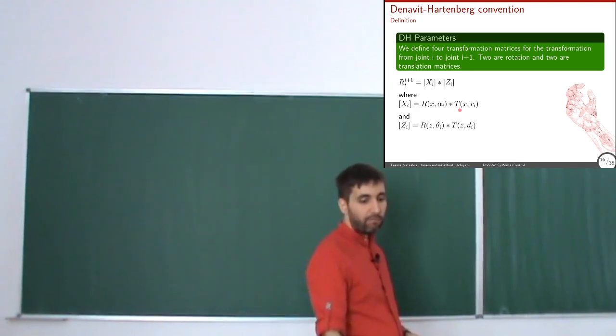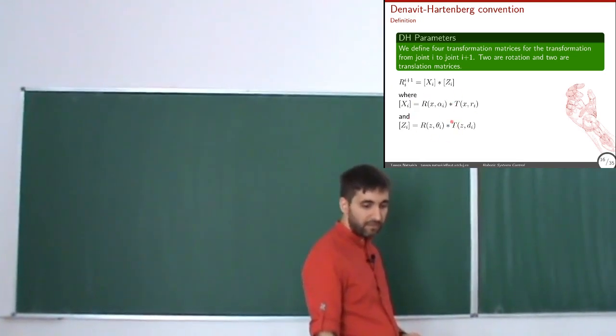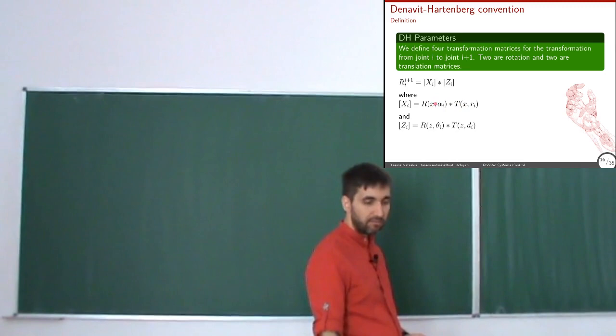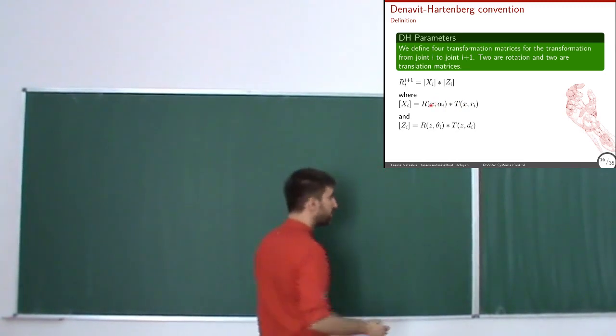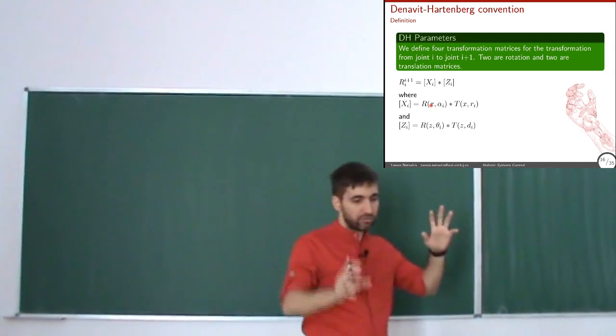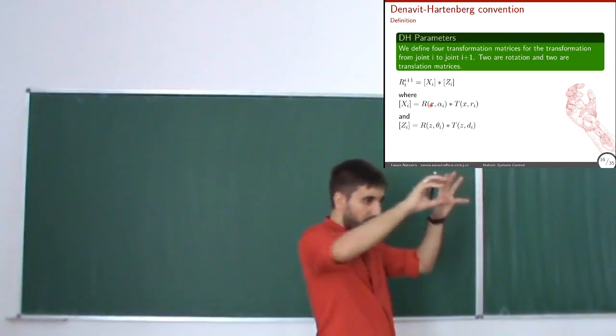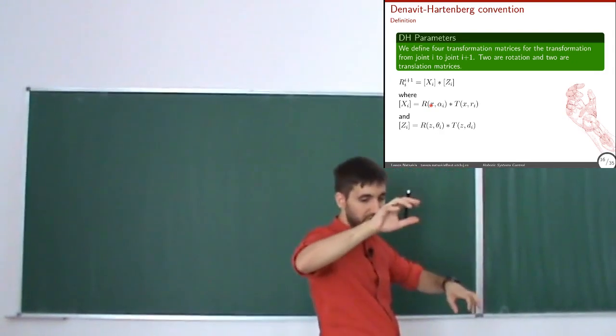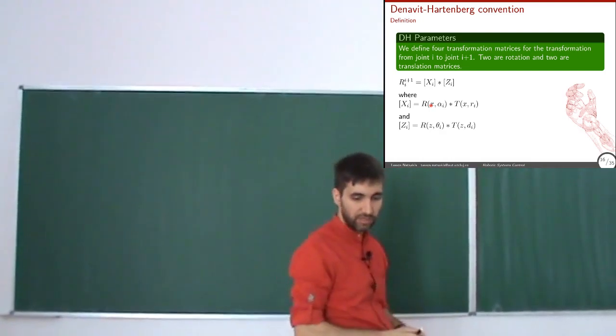Now, if I combine all these 4 together, I know the form of these ones, right? You remember, the rotation around x is this transformation 4 by 4 which has zeros for the position and 1, 0, 0 in the first row and first column, and then some cosine and sine, right?